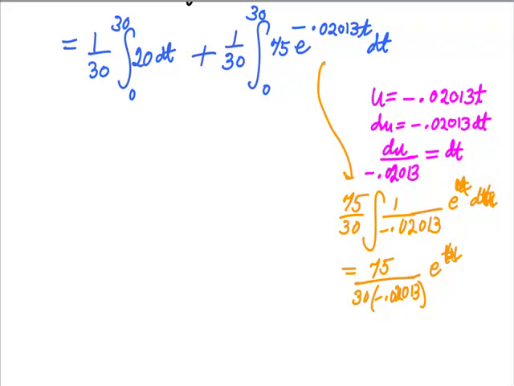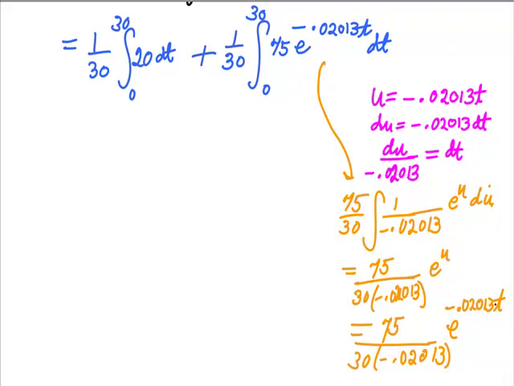And that e to the u then is, so we're going to have 75 divided by 30, negative 0.02013, e to the negative 0.02013t. So it's a lot of arithmetic and a lot of algebra in that. So now we're ready to complete the problem.